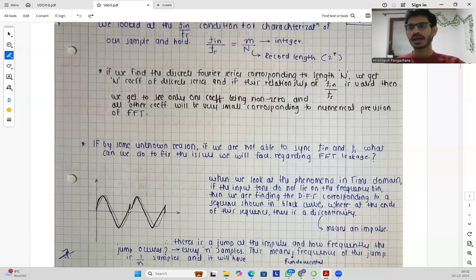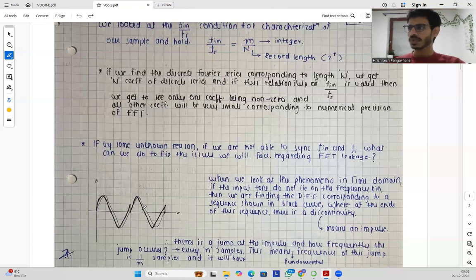This is the time domain analysis of FFT leakage due to the unsynchronization of Fn by Fs to maintain this ratio.